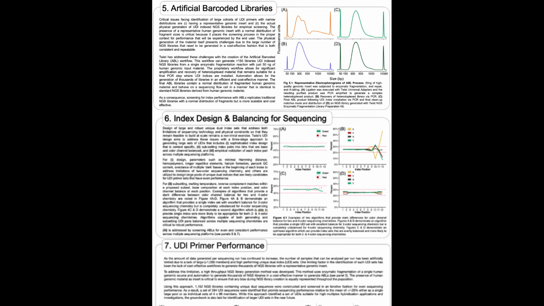of artificial barcoded libraries. Here we have a high-level overview of this workflow, demonstrated through electropherograms represented at different points in the process. In A, we have a PCR amplified ligation product that is very heteroduplex, and complex and difficult to quantify.